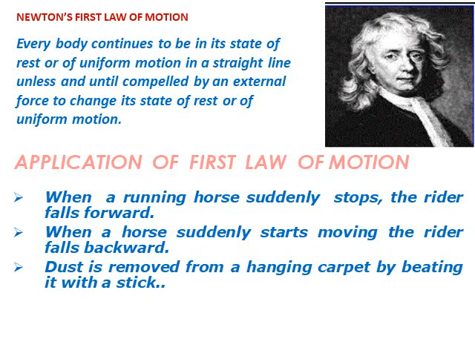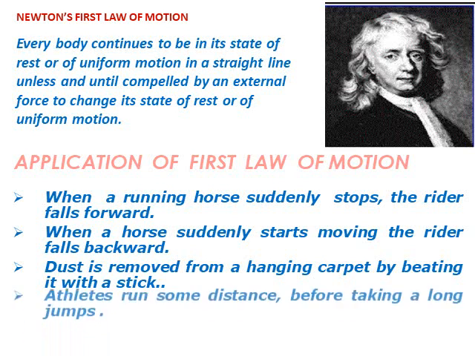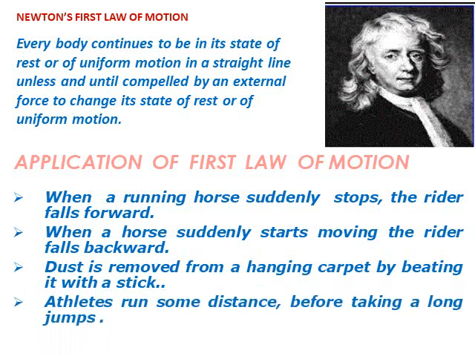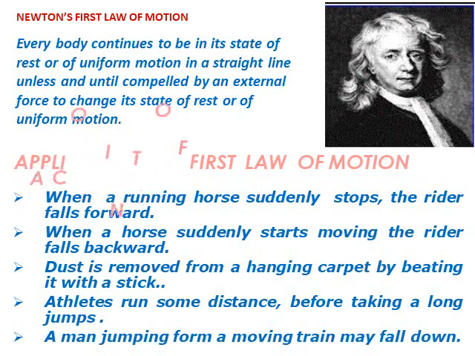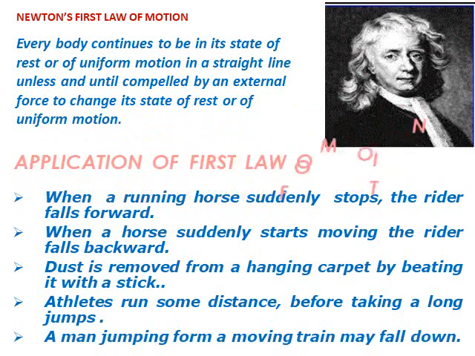When the carpet is beaten with a stick to remove the dust. Athletes run some distance before taking a long jump. A man jumping from a moving train may fall down.